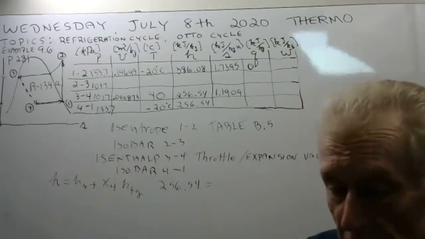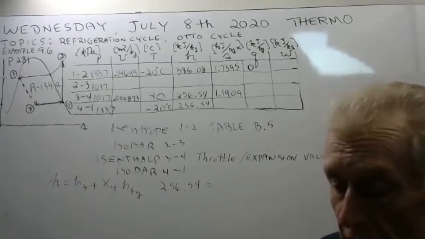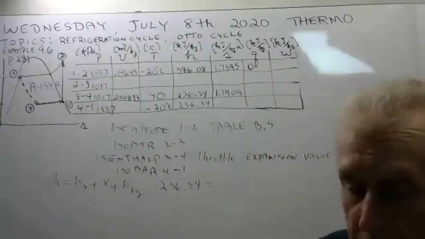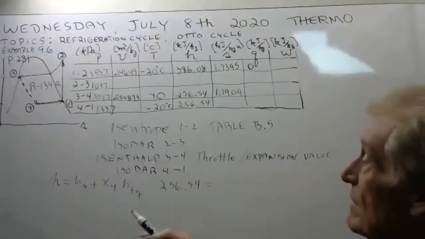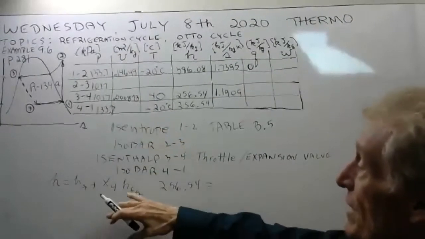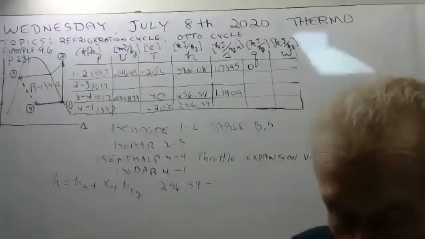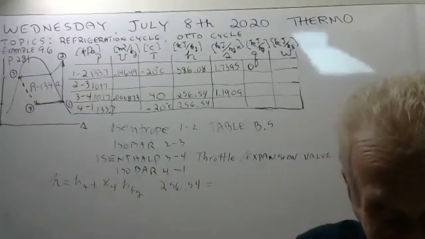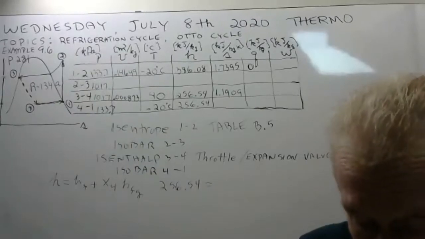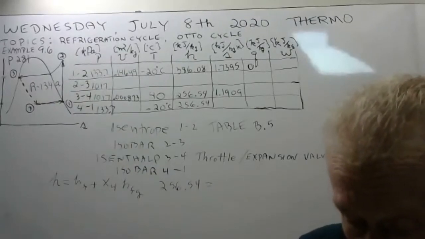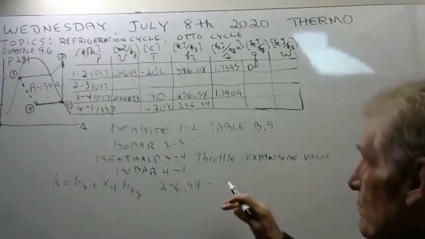And we'll just look these up. Go to your table again and help me find hf at minus 20. All right, I'm looking here, minus 20, hf. It's 173.74.